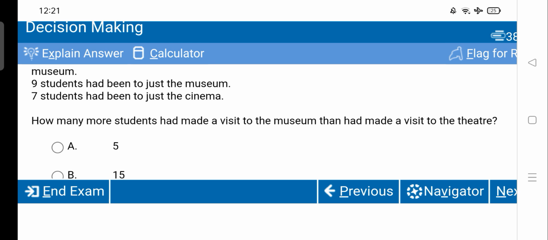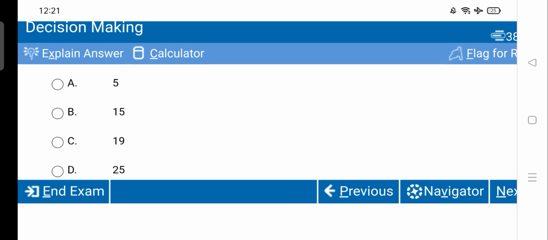Here we have option A as 5, option B 15, option C 19, and option D 25.